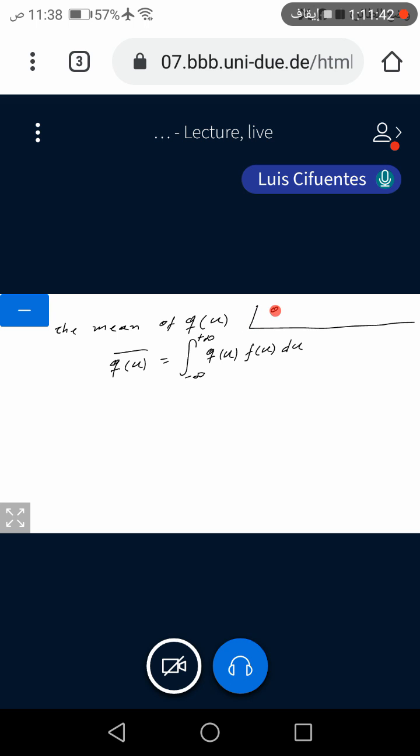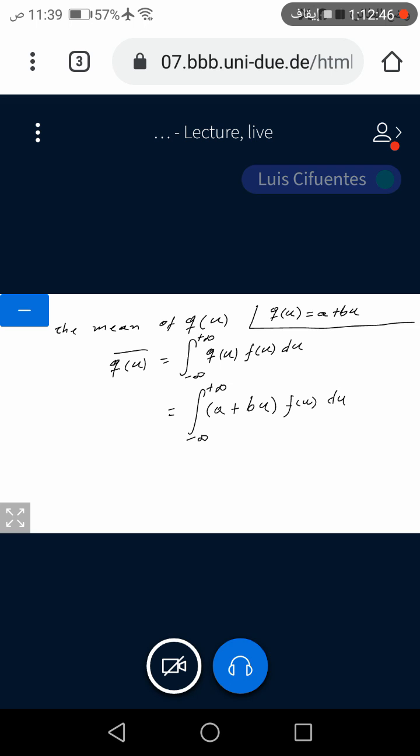This is our equation for Q. Just replacing the value into the above equation, this equation here, we get the following. And we just have to solve the integral.